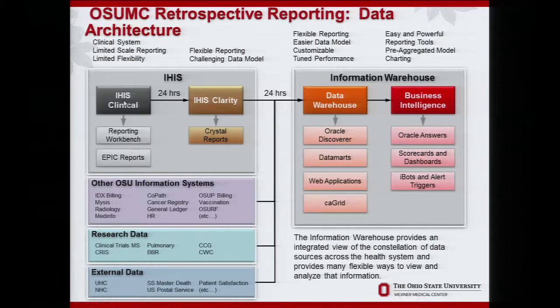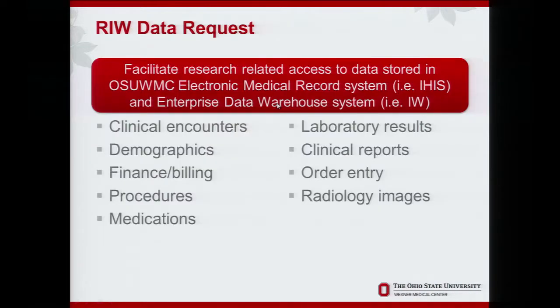If you're asking for help recruiting and you can't wait 24 hours, we have to build it within our IHIS clinical system. If you can wait 24 hours and get a daily report, building it off of our Clarity system is something that we can turn around much more quickly, and it's something that we've got teams of people who can help you with. And then the same for our information warehouse.